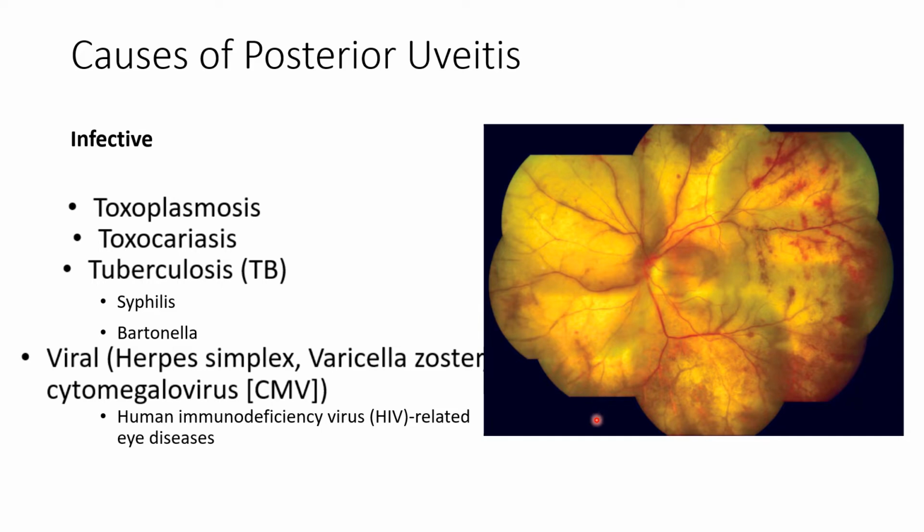These diseases are common in immunodeficient individuals, especially HIV positive patients who have low immunity, and that is why these viruses have an opportunity to affect the retina in such a major way.